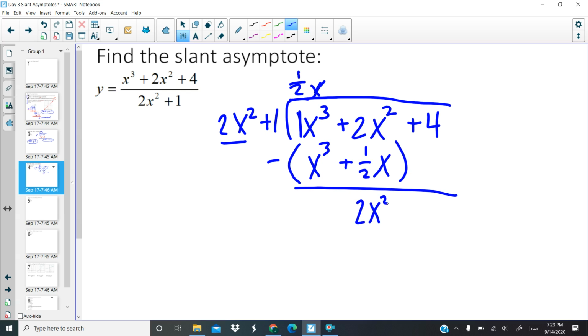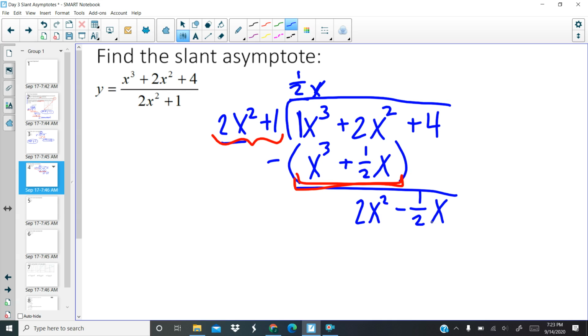And then there wasn't anything to subtract from 2x squared in my little binomial right here, just because there wasn't an x term in what we were dividing by. So I just have to bring that 2x squared down anyway, and then I still am subtracting the 1/2 x. So 2x squared minus 1/2 x.